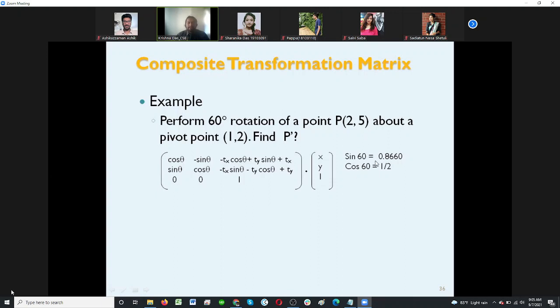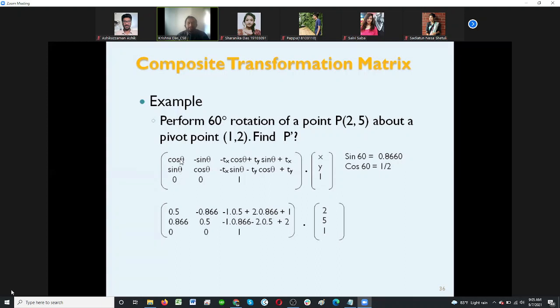Sine 60 is root 3 by 2, so 0.8660 is the value you get, and cos 60 is 0.5, that is half. Now we can put the values here.